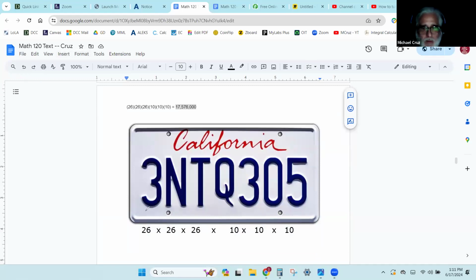They've got 1, 2, 3, 4 numbers, and then 1, 2, 3 letters. So they still have the 26 times 26 times 26. But over here, they've got an extra digit. So what does that end up being? Well, let's calculate it out. We need a calculator for that.